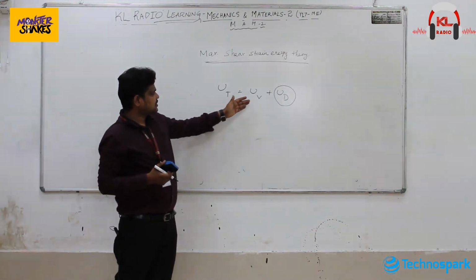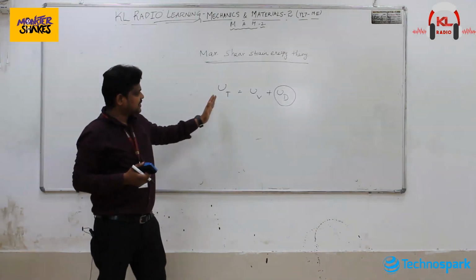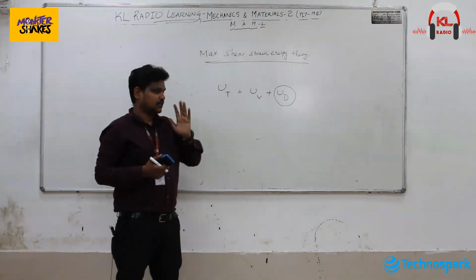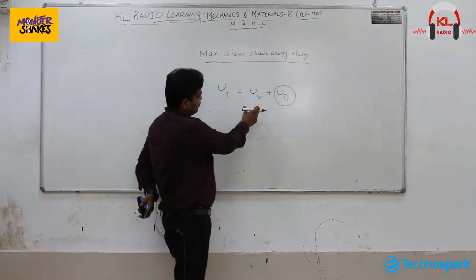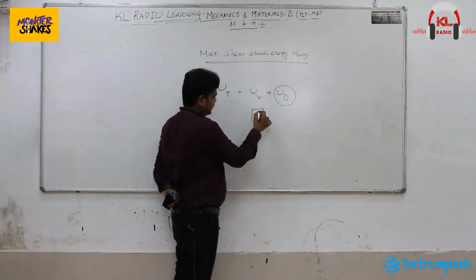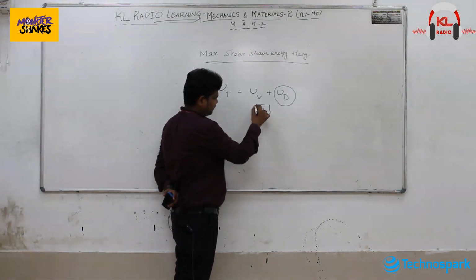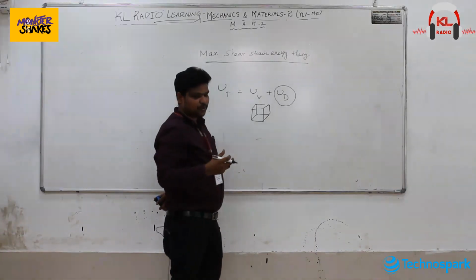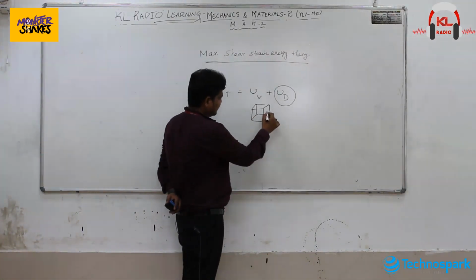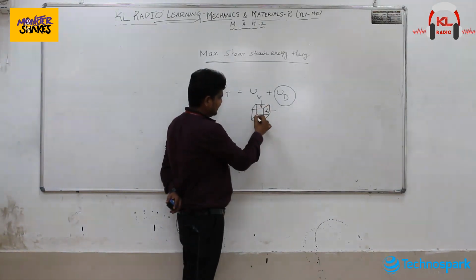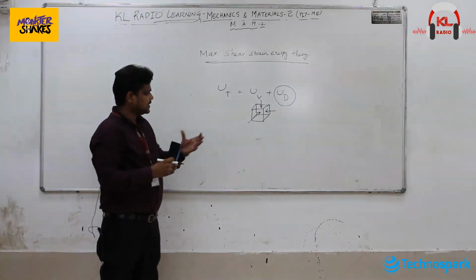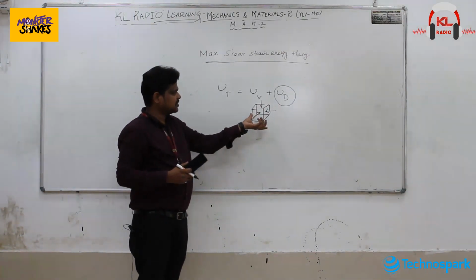So let me explain this. The total strain energy is the volumetric strain energy plus distortion energy. First, volumetric strain is the strain in a member which corresponds to hydrostatic loading. Hydrostatic loading means the stresses act in all directions with the same magnitude. So in this case there will not be any distortion in the component.